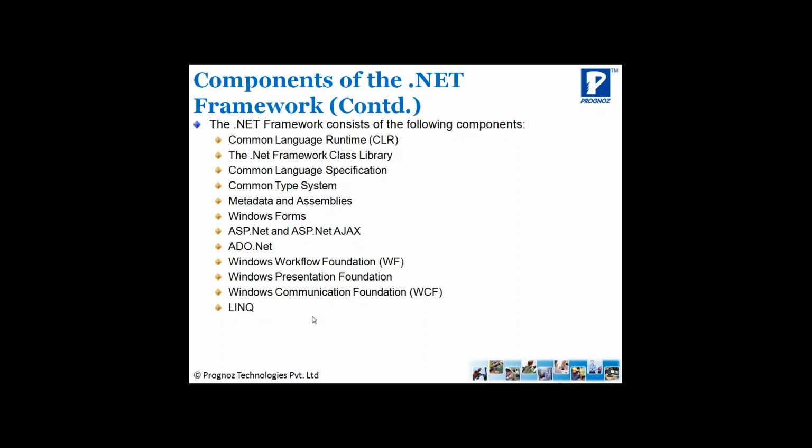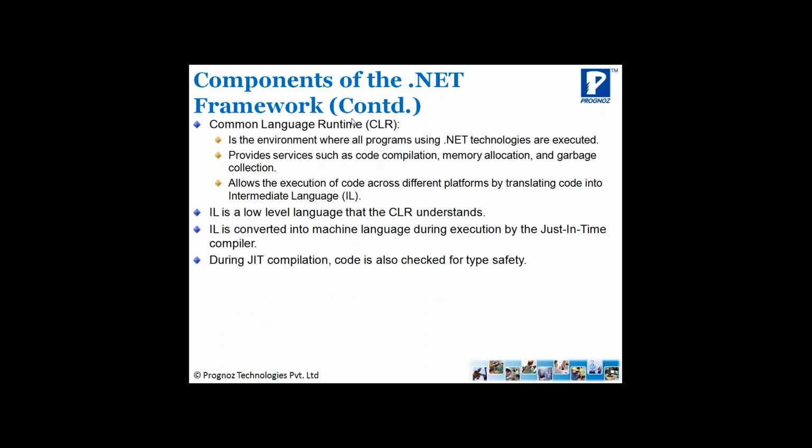These are the important components that are grouped together to create the .NET framework. Now let's see them in detail one by one. First we will understand what is Common Language Runtime.